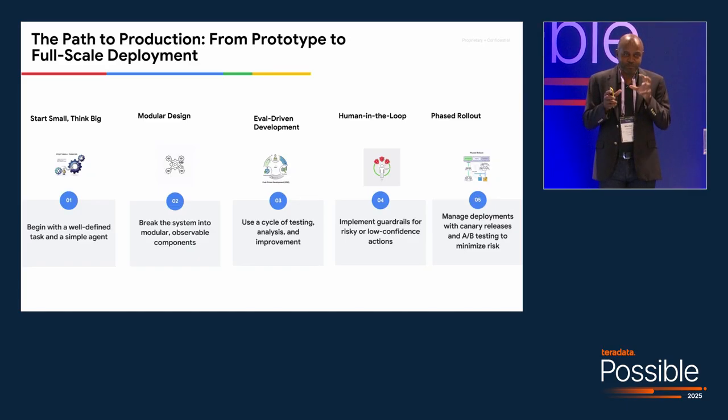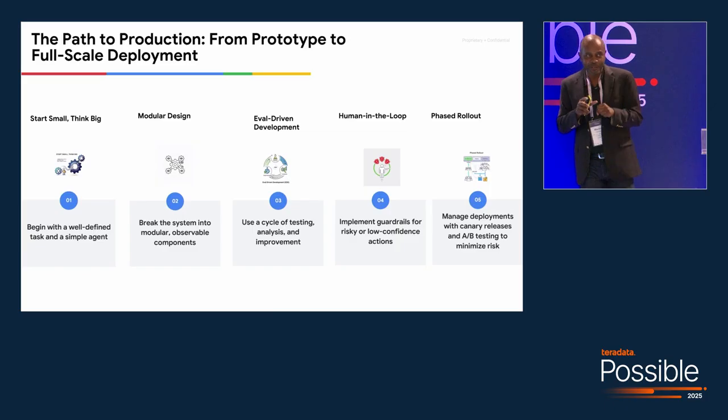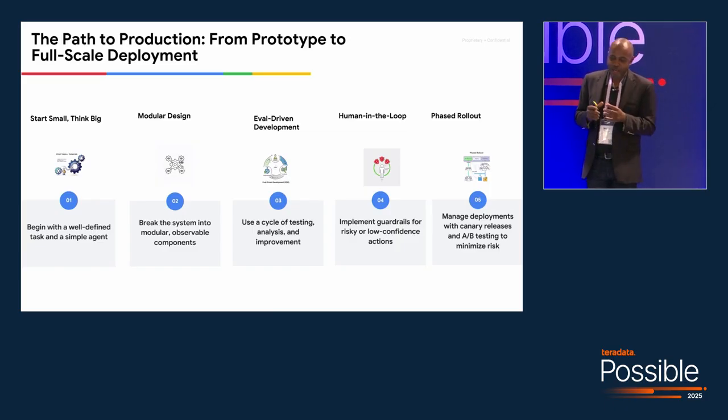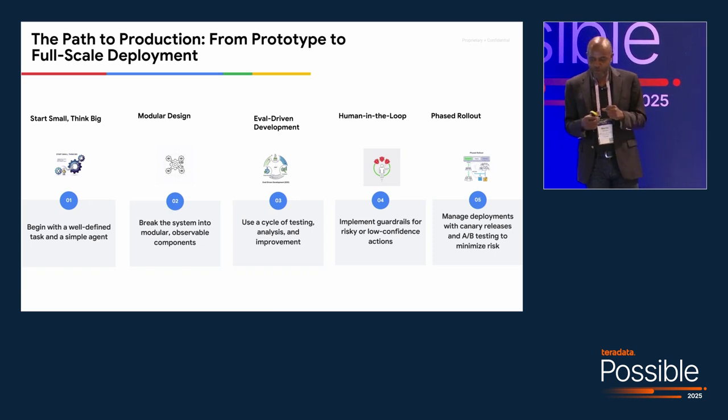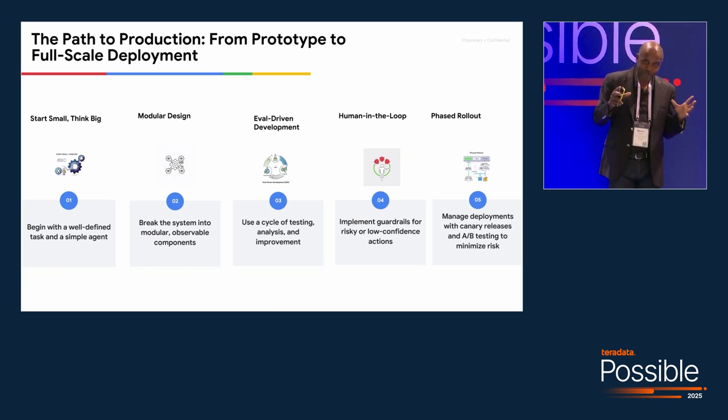You need to build one agent pretty well with all the necessary readiness that we spoke about, and then you scale. So you start very small, very specific, you build around, and then you scale. And make it modular, so that you can add more and more, and observe what is happening, because it's very complex.